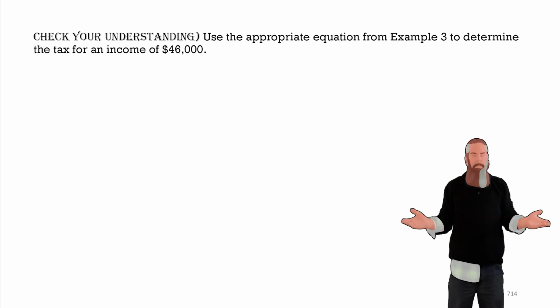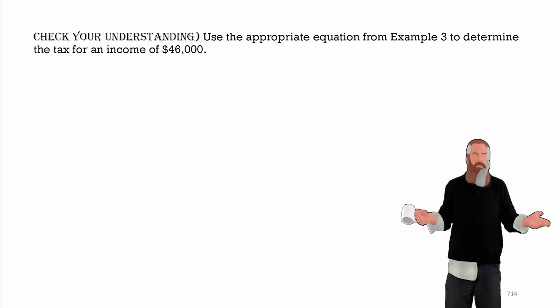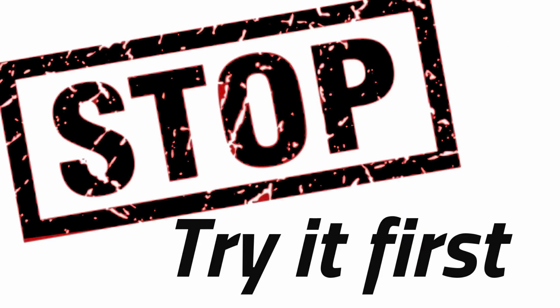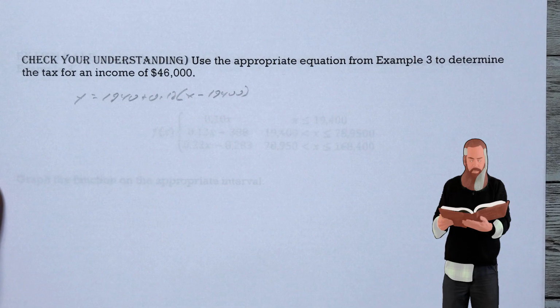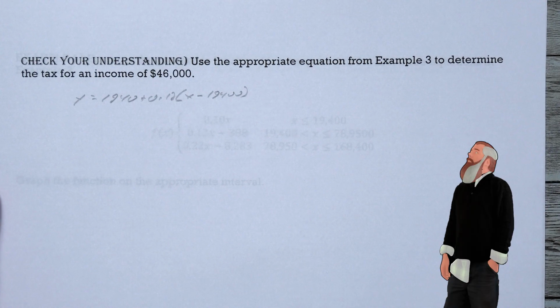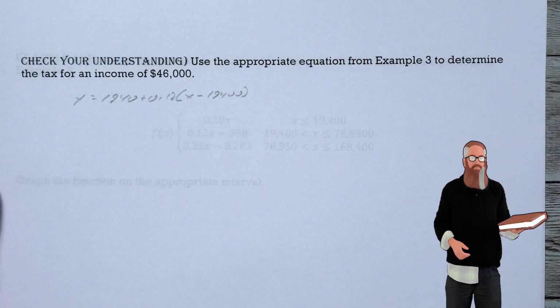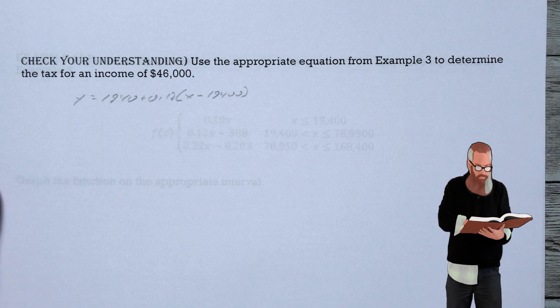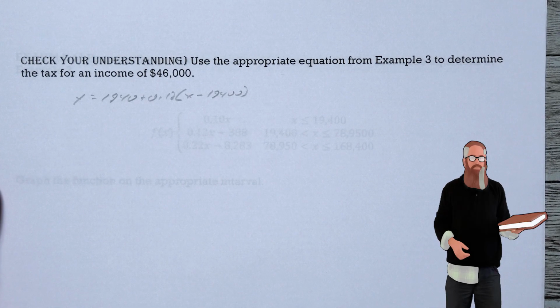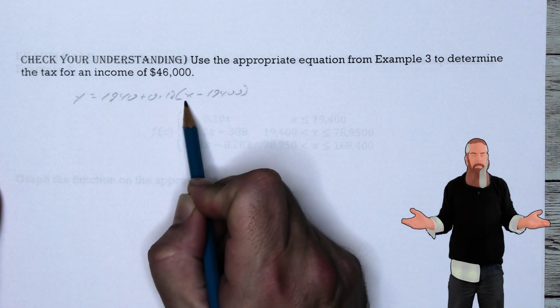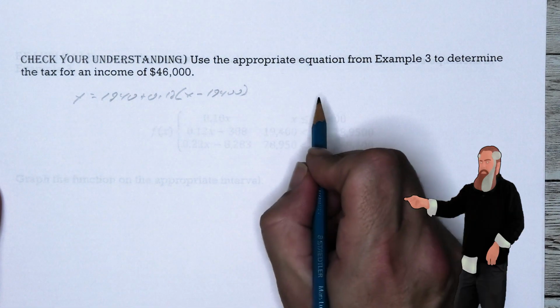Use the appropriate equation that we made in example 3 to determine the tax for the income of $46,000. If we were to look at the second and third equation, the third equation is far beyond what we're looking at, at 78,950 in the minus position. So we're going to use the second equation, where we get 1940 plus 0.12 times (x minus 19,400).